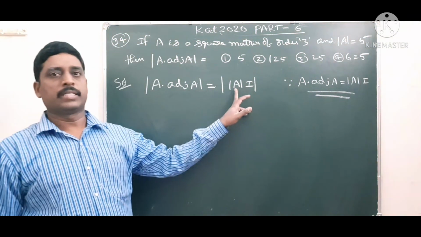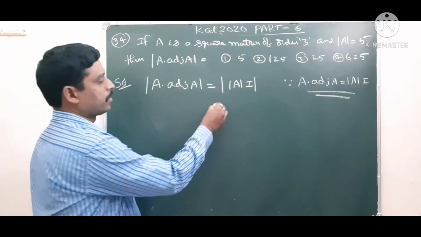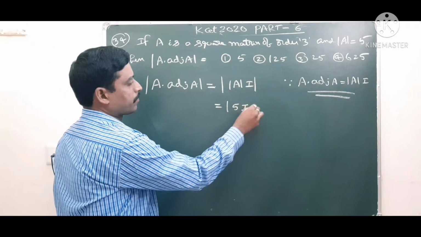So det A into I. But in the statement det A value is given as 5. So det of 5 into I.